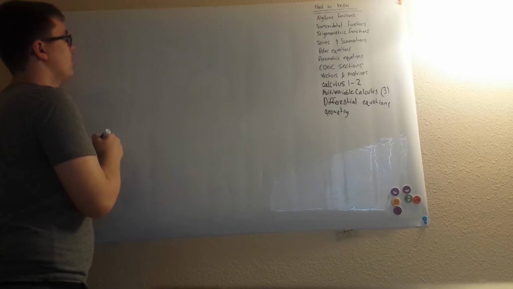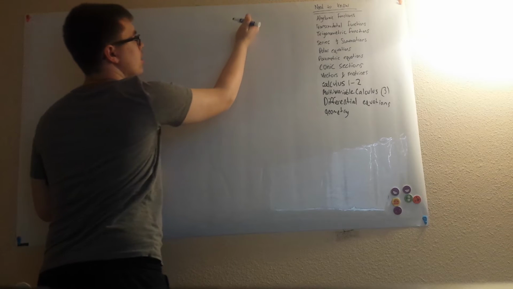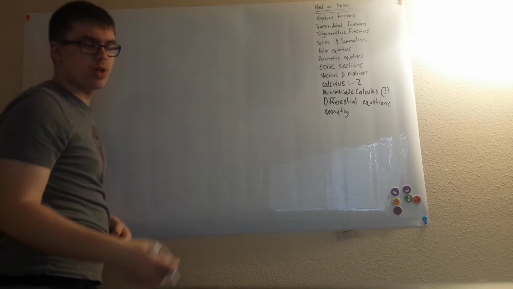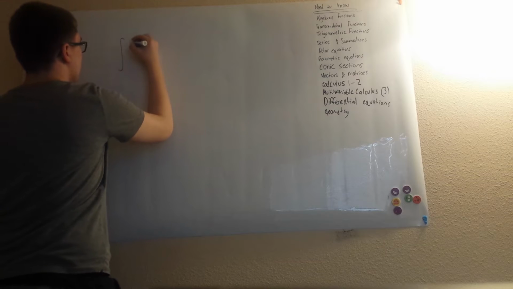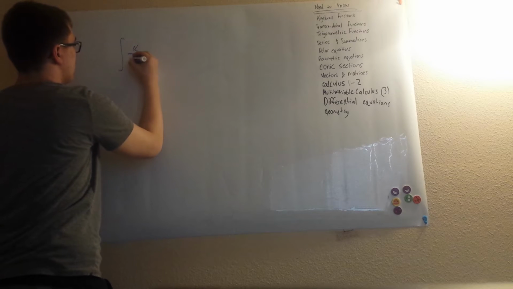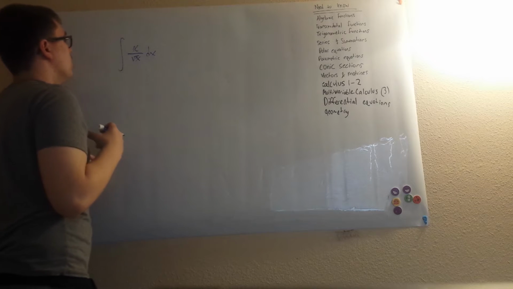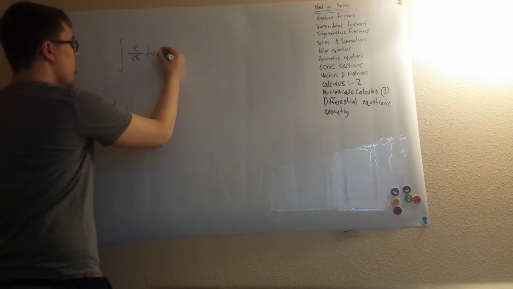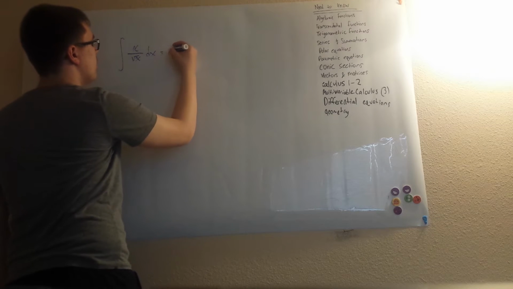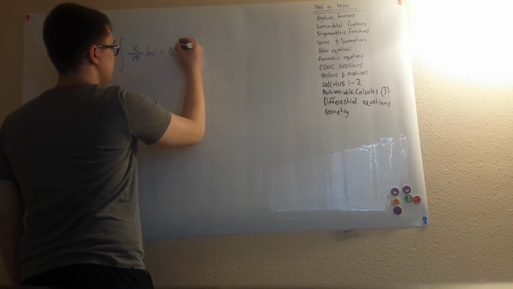So if I were to give you the integral of x over root x dx, you can do that. You can turn this into x times x to the negative 1/2.